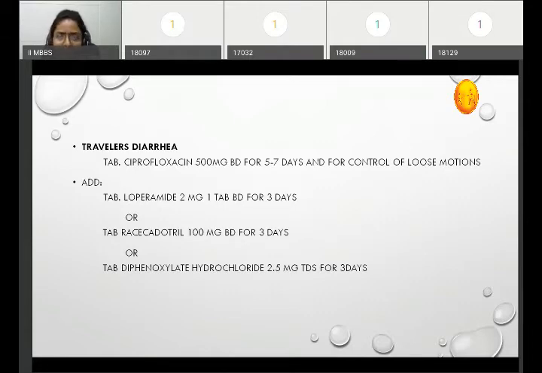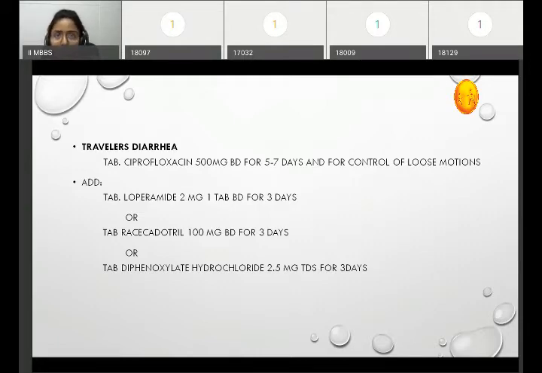So in traveler's diarrhea, you can give antimicrobials like fluoroquinolones, that is ciprofloxacin or norfloxacin, or tetracyclines like doxycycline, and some cotrimoxazole-like drugs. So here we are writing tablet ciprofloxacin, which is given in the dose of 500 milligram twice a day for 5 to 7 days.